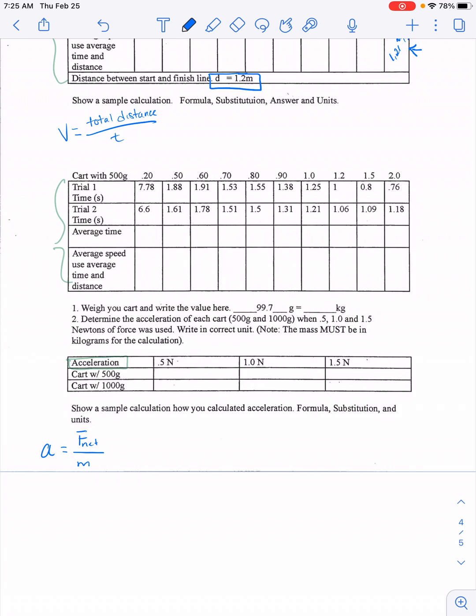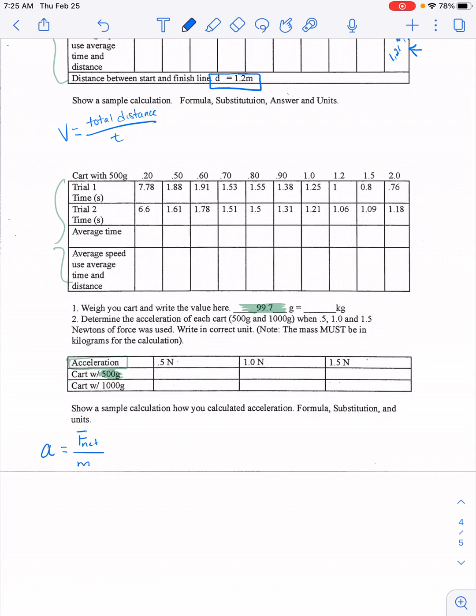So here, I do know the mass of the cart. The cart that I massed was 99.7 grams. And I know that I had a mass inside of the cart of 500 grams, or 1,000 grams if I'm in the bottom data table.